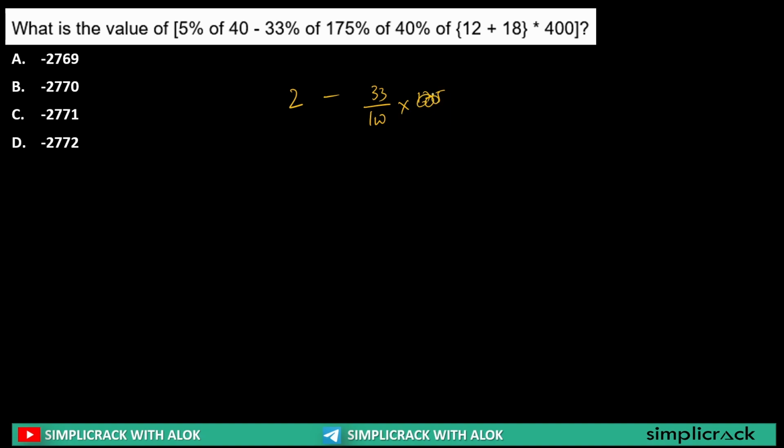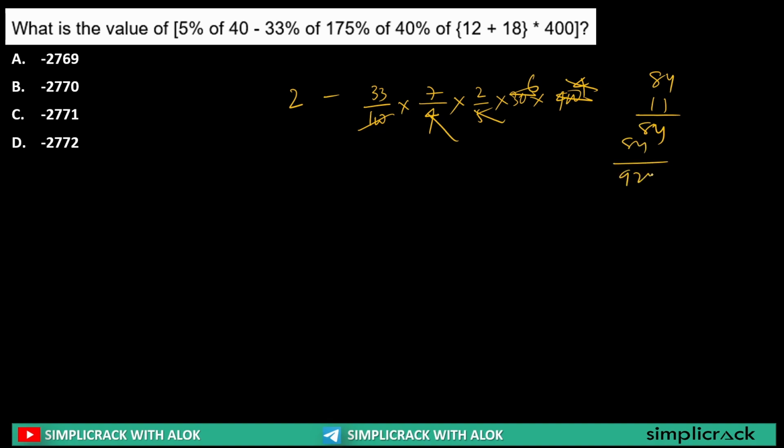So the whole thing will be 7 by 4 into 2 by 5 into 30 into 33 by 100, which gives 84 into 33 and then 924 into 3, 2772. So 2 minus 2, 7 minus 7, 2 minus 2, 7 minus 7, 0 is the answer.